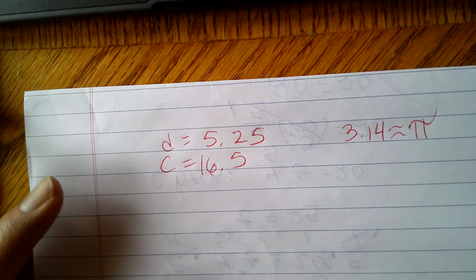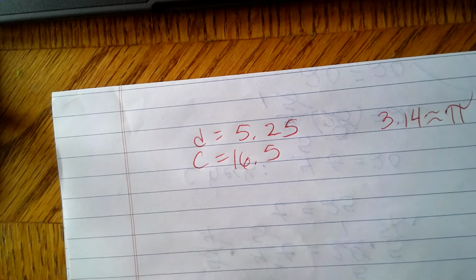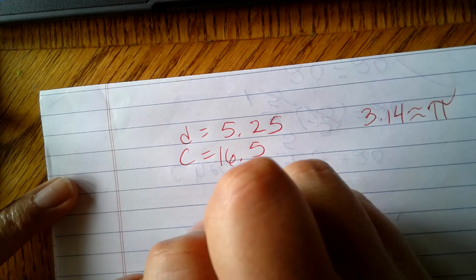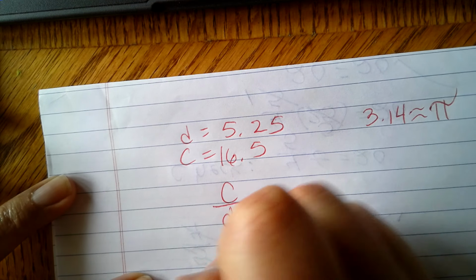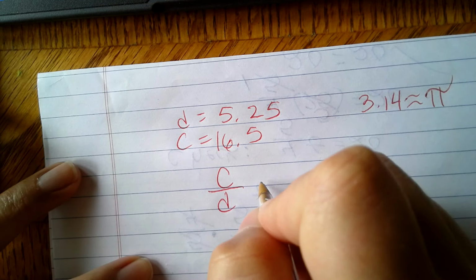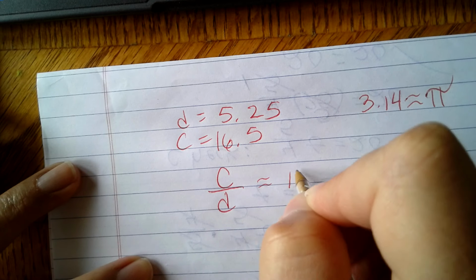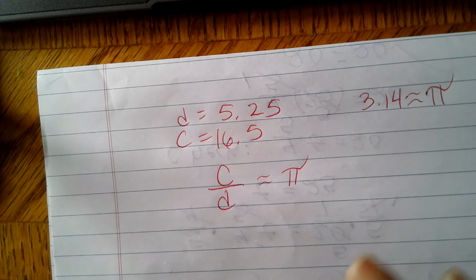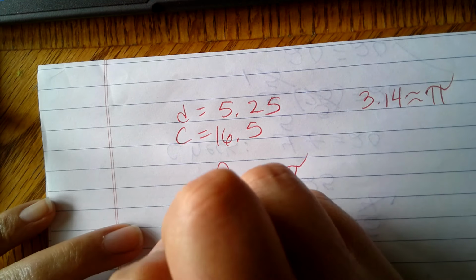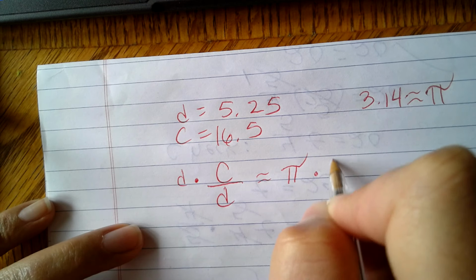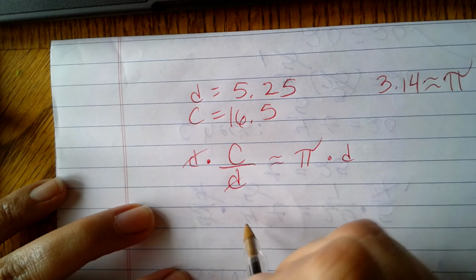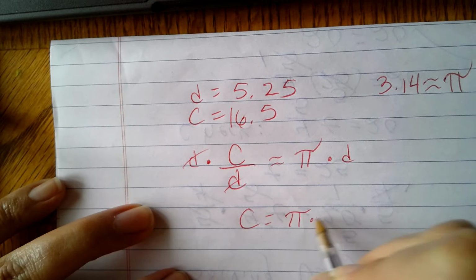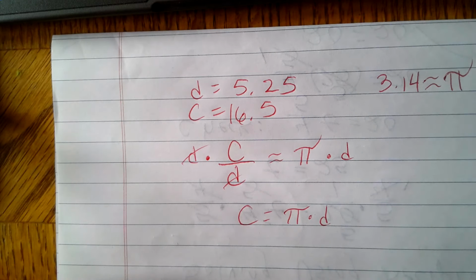Okay, so what did we do? Let's write this down in terms of a formula. We did C divided by D. It's approximately pi. What if I get C by itself? Multiply by D on both sides. This cancels. C equals pi times D. Isn't that interesting?